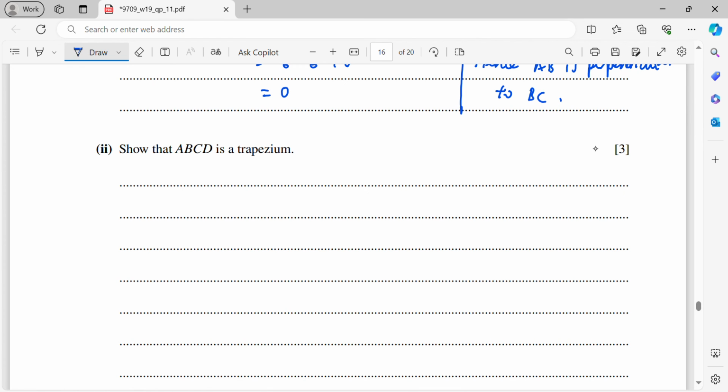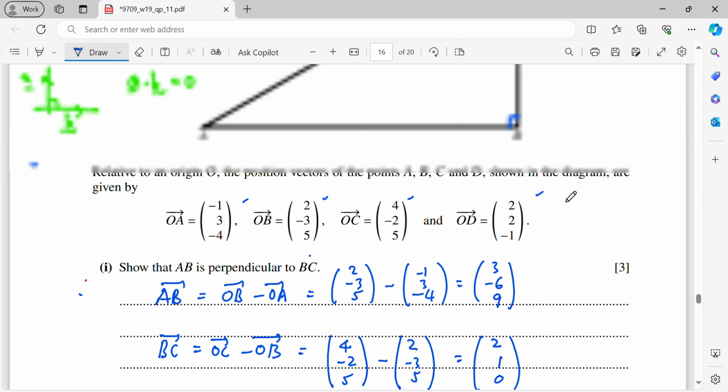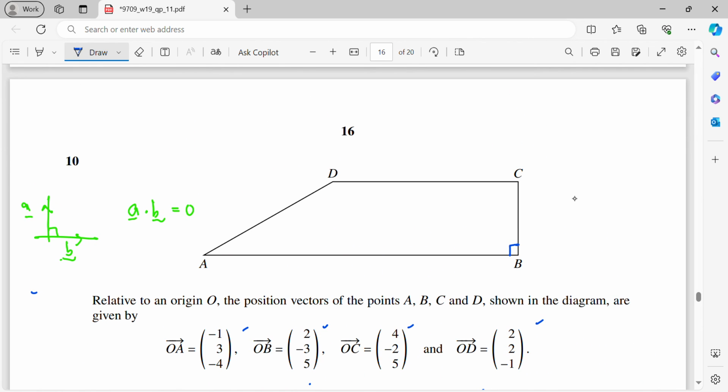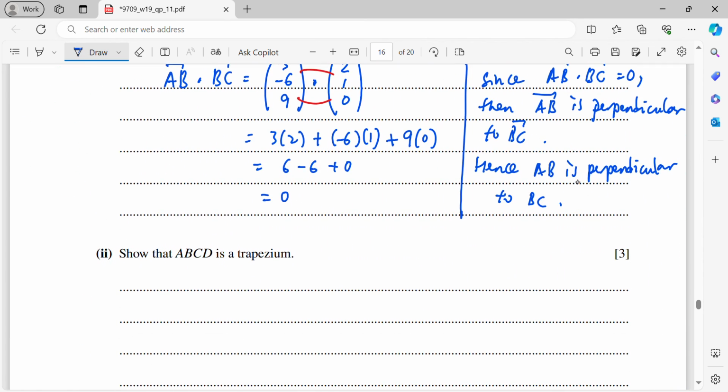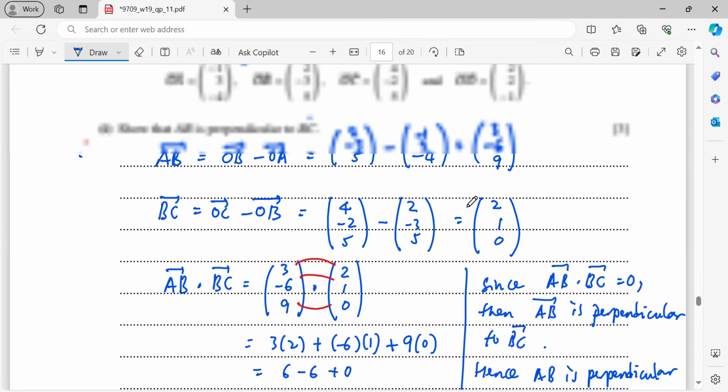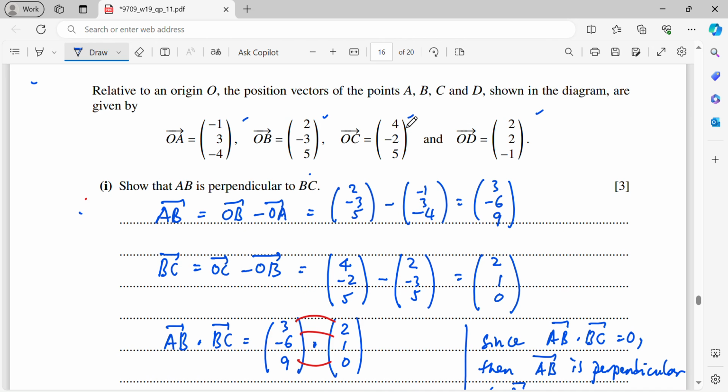Now part 2, show that ABCD is a trapezium. Trapezium means that I need to show that DC is parallel to AB. So now I need to find out my DC vector. DC equals OC minus OD. My OC from the question is (4, -2, 5) and then OD is (2, 2, -1).